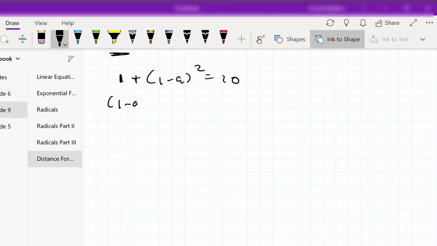So we begin by writing 1 minus a squared equals, if we take the 1 onto the other side, we get 10 minus 1, which is 9. So we have 1 minus a squared equals 9.